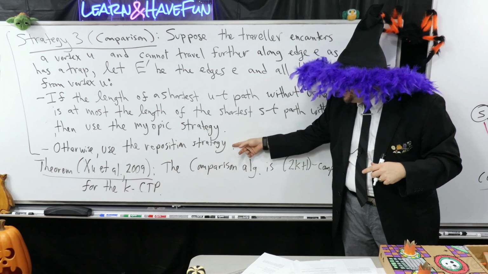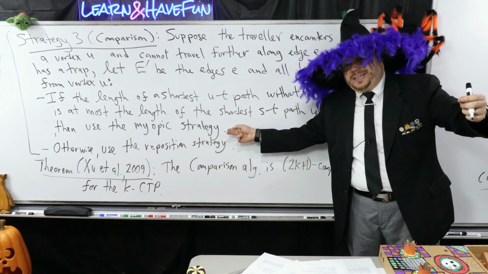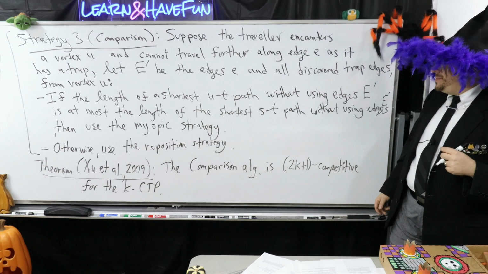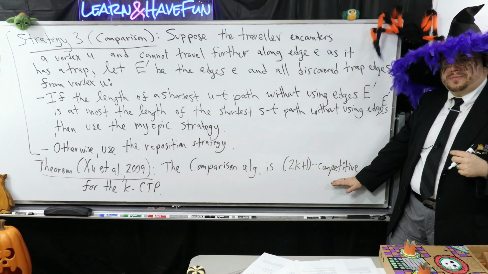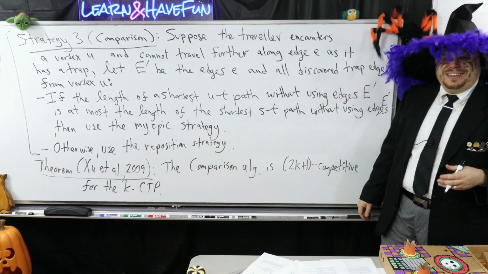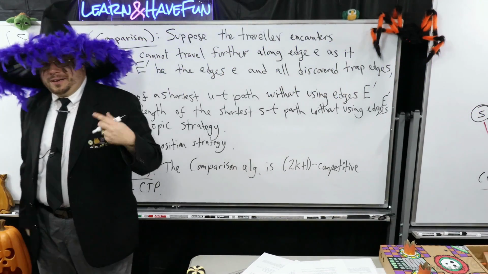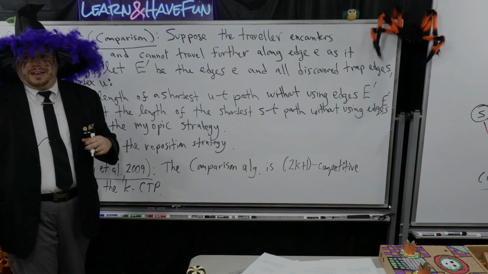You can use this myopic strategy to get yourself incrementally closer to T in certain circumstances, and you still end up with this competitive ratio of 2k plus 1. So this also matches the optimal deterministic lower bound for the k Canadian traveler problem.